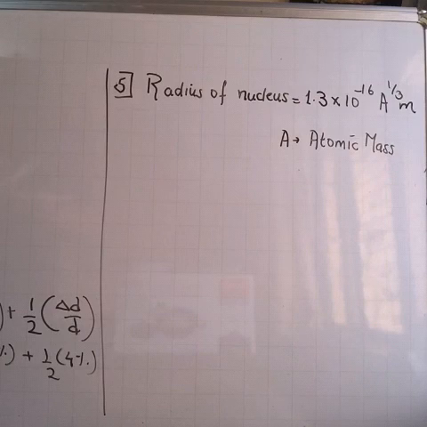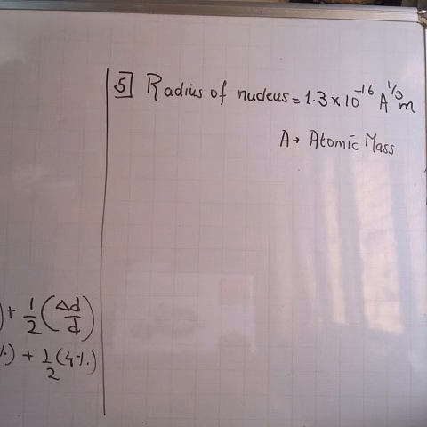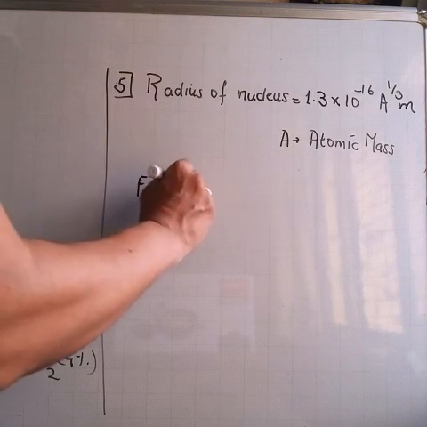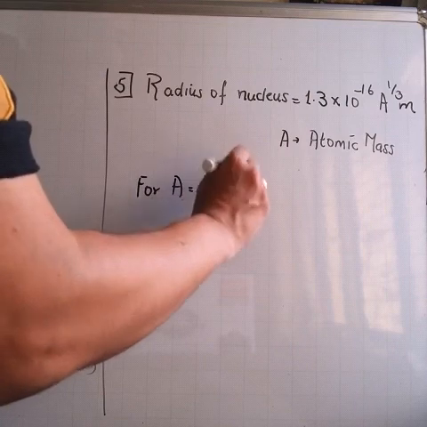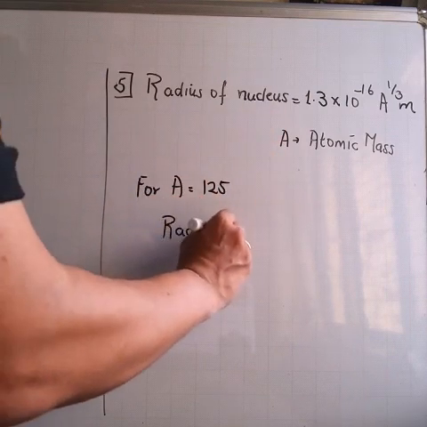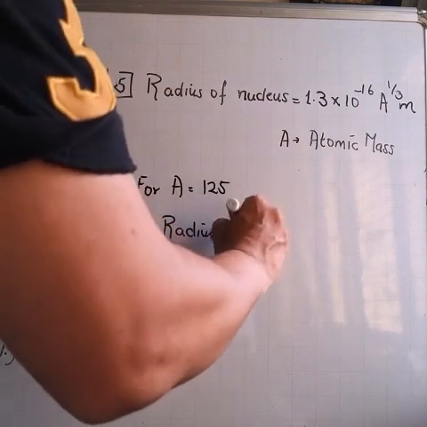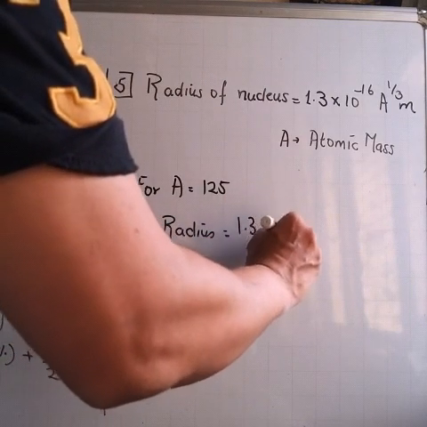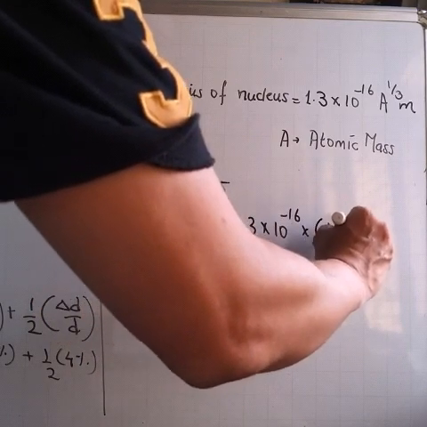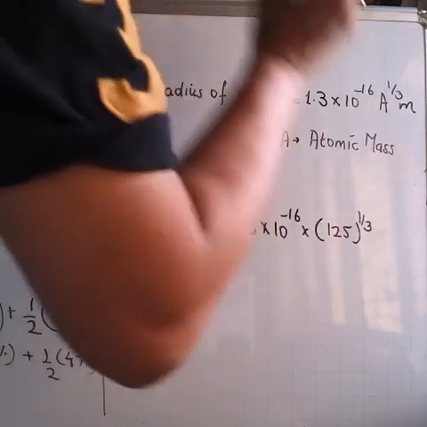They are asking: for a nucleus of mass number A equal to 125, the order of magnitude of R expressed in meter will be dash. They are asking you to find order of magnitude. For A equal to 125, radius will be 1.3 into 10 raised to minus 16 into 125 raised to 1 by 3.